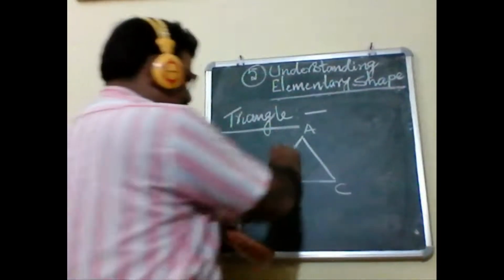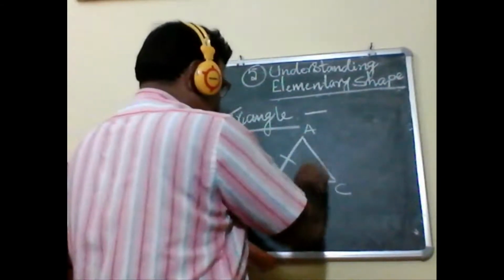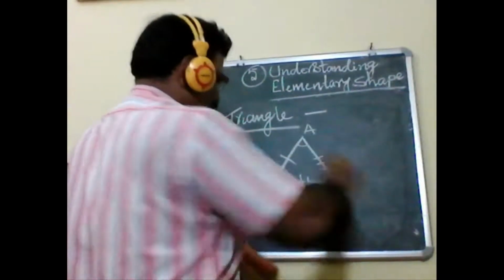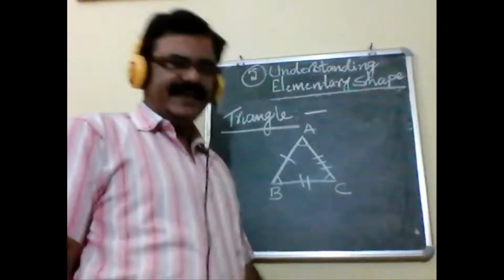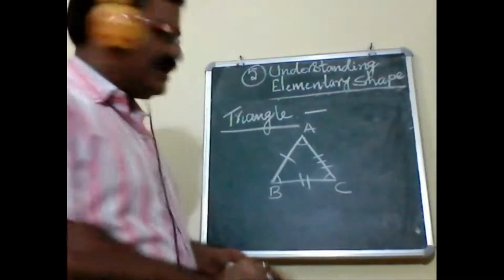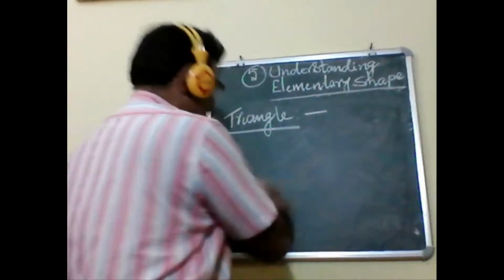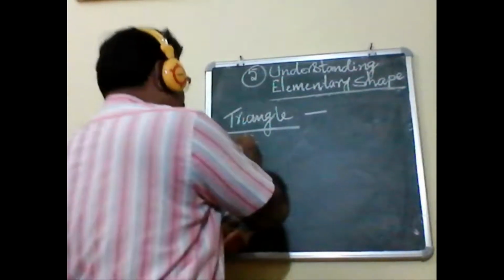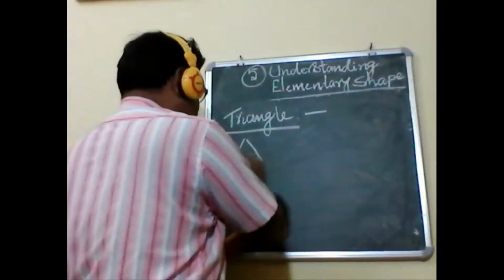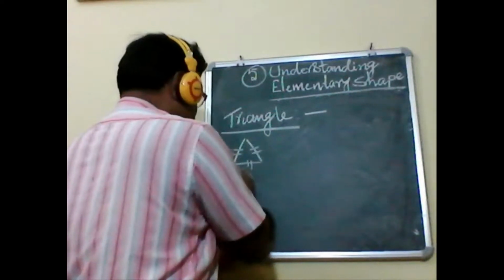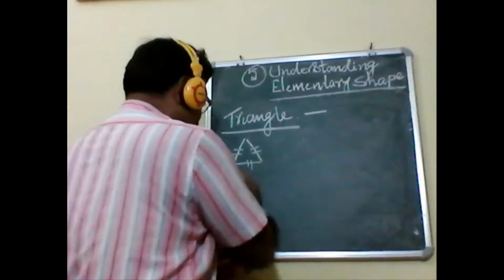It has three line segments and three angles, so there are 6 elements or parts of a triangle. We can classify triangles into different types. If all 3 sides are equal to each other, this is called equilateral.